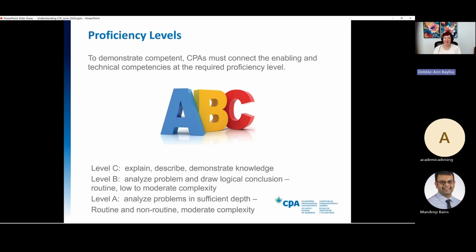Proficiency level A covers everything under C and B, plus your ability to analyze problems in sufficient depth, for both routine and non-routine situations of moderate complexity.